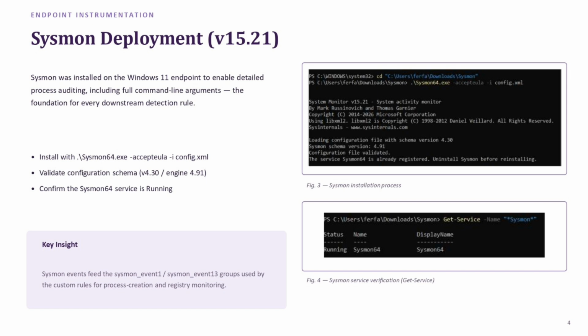After installing it, I configured the schema version and I checked that the Sysmon 64 service was running using the Get-Service command. This is a key point. All of my custom rules depend on the events that Sysmon generates. Specifically, they use 2 groups: Sysmon event 1 for process creation and Sysmon event 13 for registry changes.